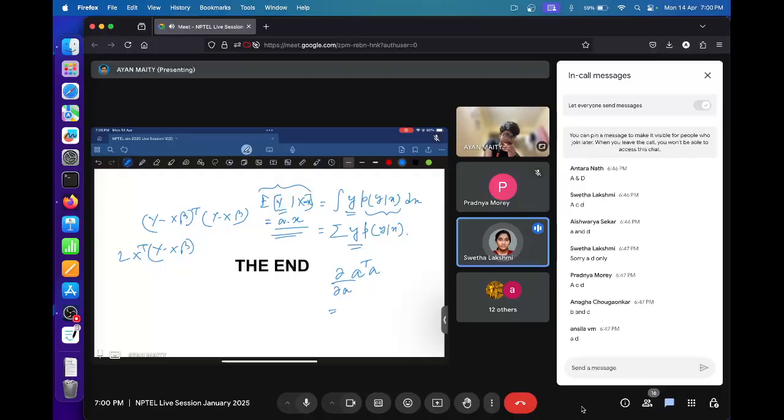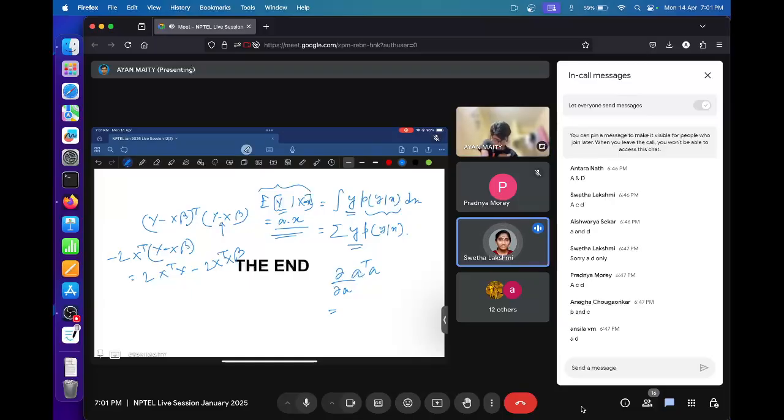Now, when you differentiate it once more with respect to beta, what will we get? Actually, in this expression there is a minus 2 also, not simply 2x transpose. Yes, the minus comes because you have this minus in front of it.